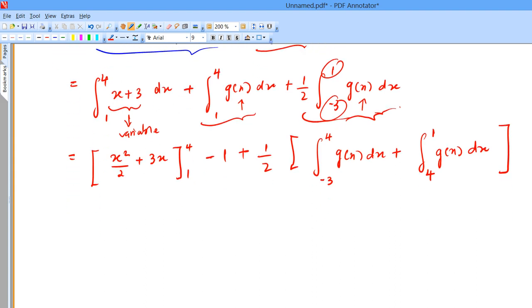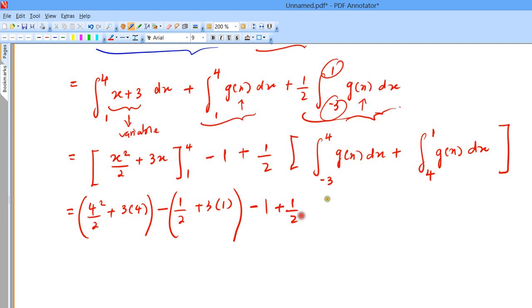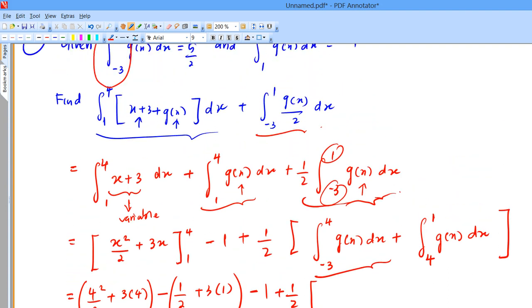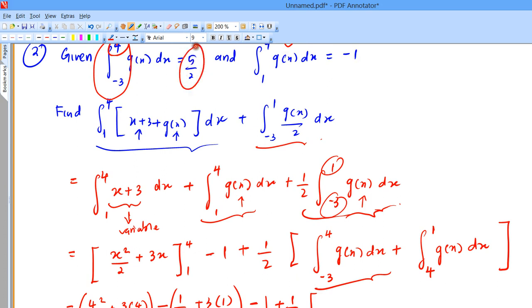Next step, just substitute: 4 squared over 2 plus 3 times 4, minus 1 over 2 plus 3 times 1, minus 1 plus 1 over 2. For the first term, the integral of g(x) dx from -3 to 4, based on the given information, is equal to 5 over 2.